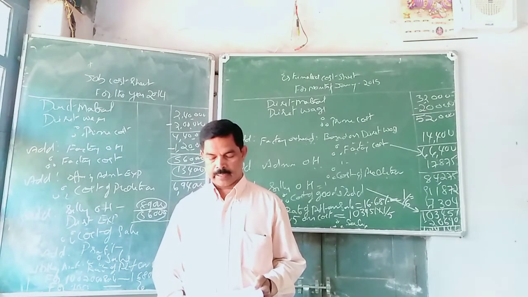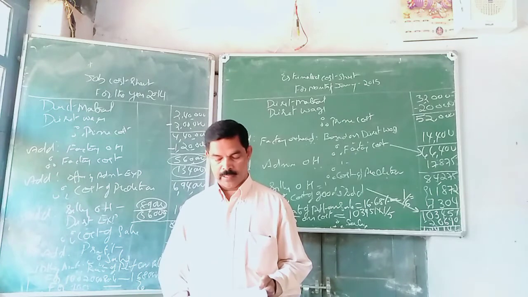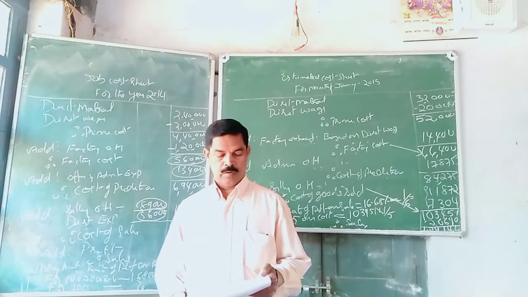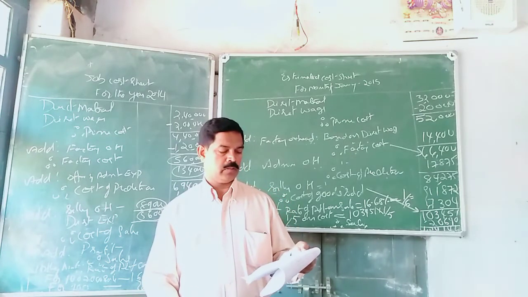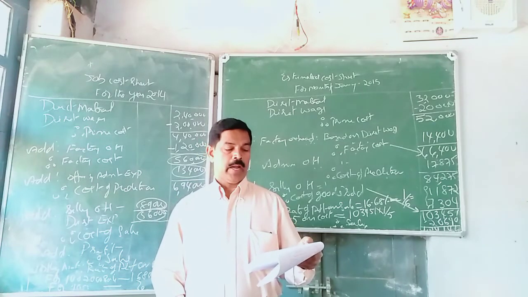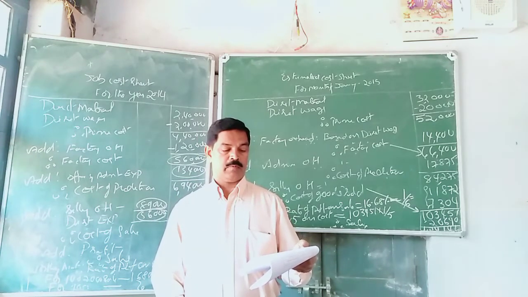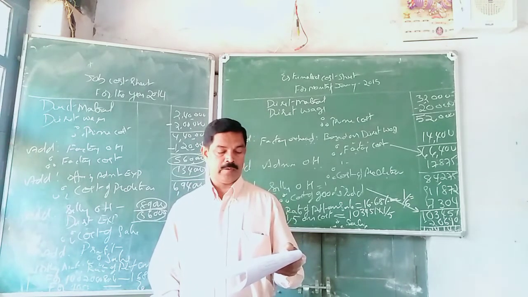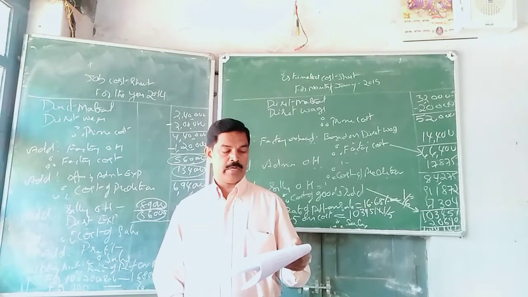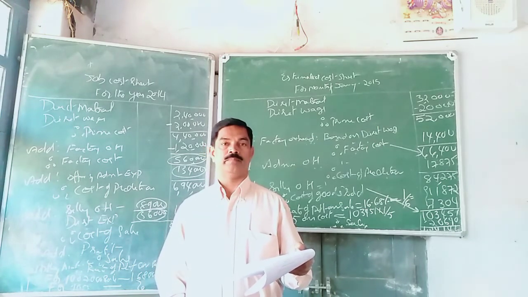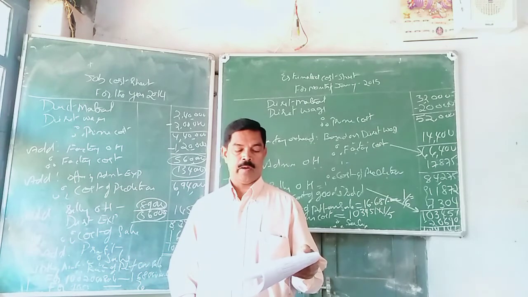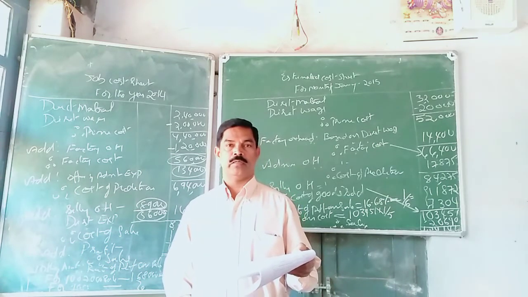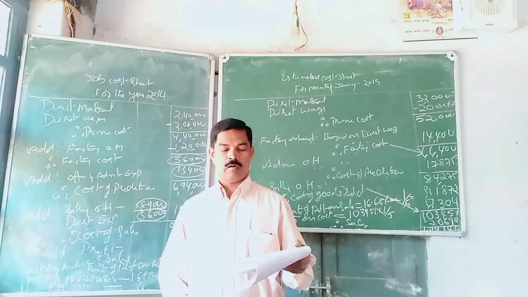Cost center in an organization is formed keeping in view the convenience of cost accumulation, comparability and control of cost. If costs are accumulated for a person or by a department or for a machine, such person, department or machine will be treated as cost center.